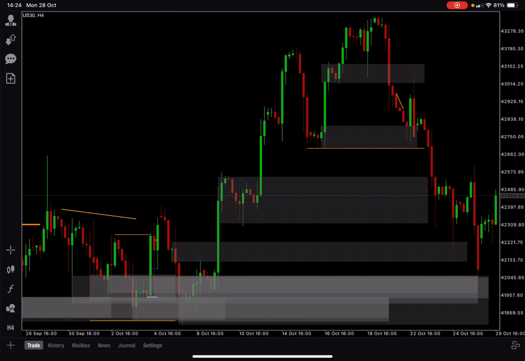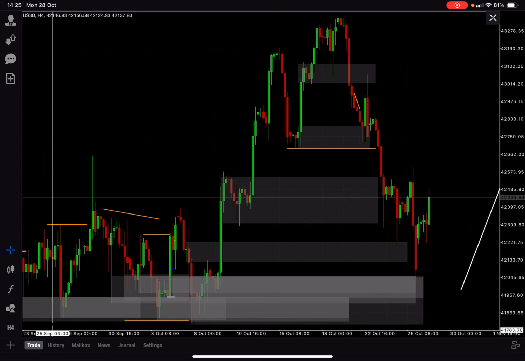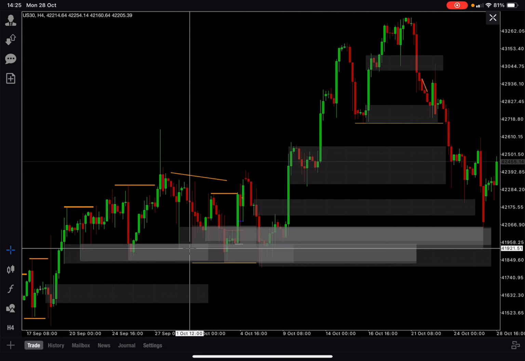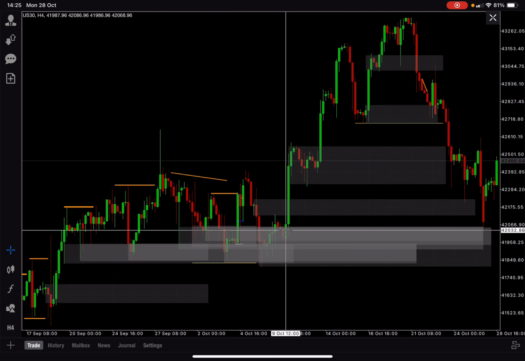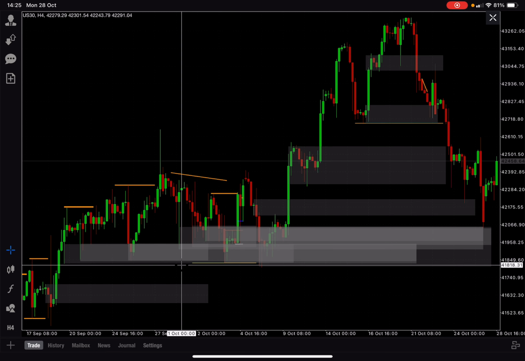So if you've studied ICT and a few other people, they use discount buy orders to show where the price is cheap and they can continue to buy, or they have premium sell areas where price is too high and they want to sell price to a cheaper level. So these grey areas down here are a collection of discount buy areas from the New York session, and it showed New York traders clearly buying within the New York session towards the upside before this big bullish move here.